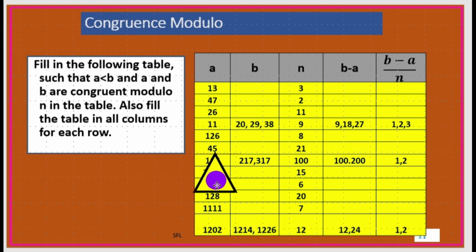Now 45 plus any multiple of 21 will be the b value. 45 plus 21, 66. In that case b minus a will be 21. Then 21 by 21 will be 1, a whole number. Like this, you can fill up all the columns.